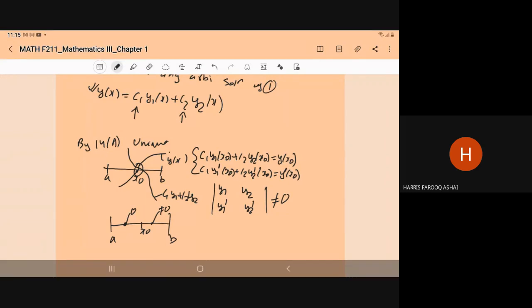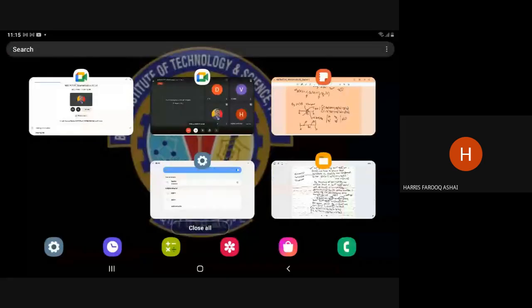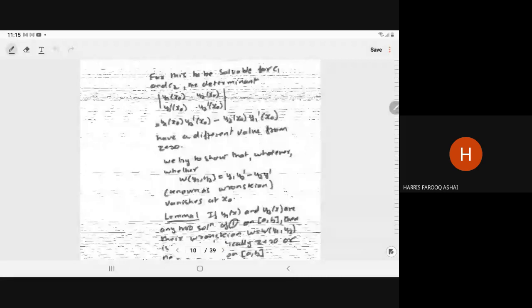For that we have the lemma. This we have already discussed. This determinant is known as the Wronskian, and we denote it by W, which is a function of y1 and y2.